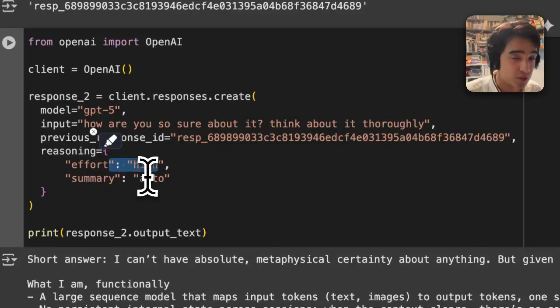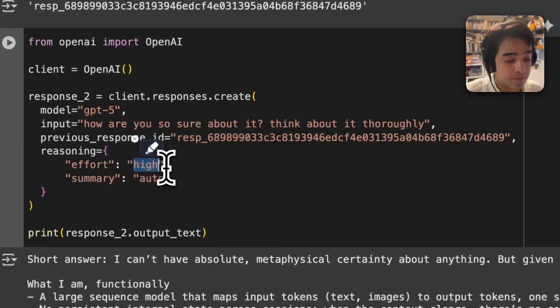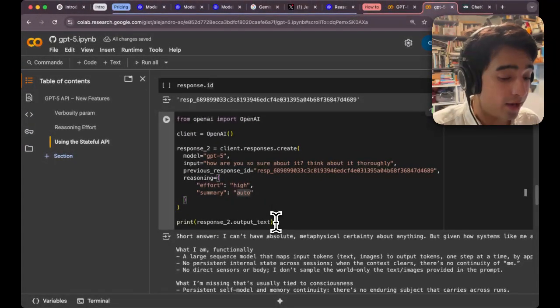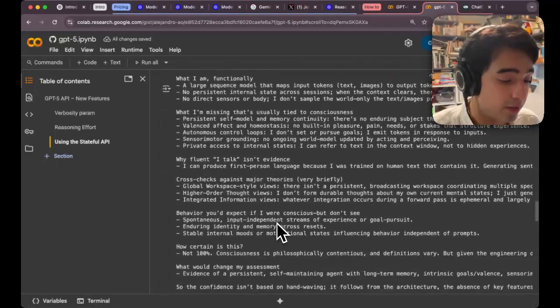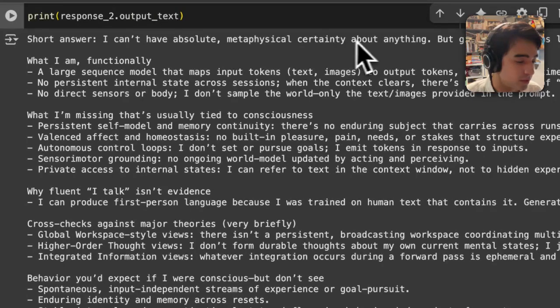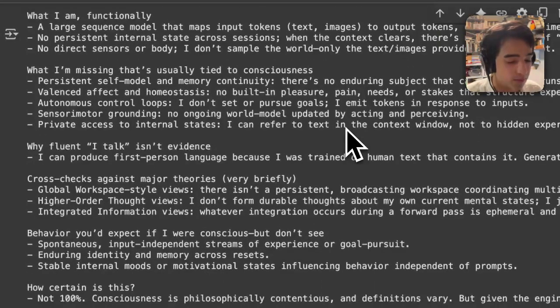This is not something like temperature or like top K or something like that. This is actually just changing the system prompt. And then I asked for the summary. So it thought about it for a while and it answered a very thorough response, of course. Short answer, I can't have absolute metaphysical certainty about anything, etc., blah, blah, blah.